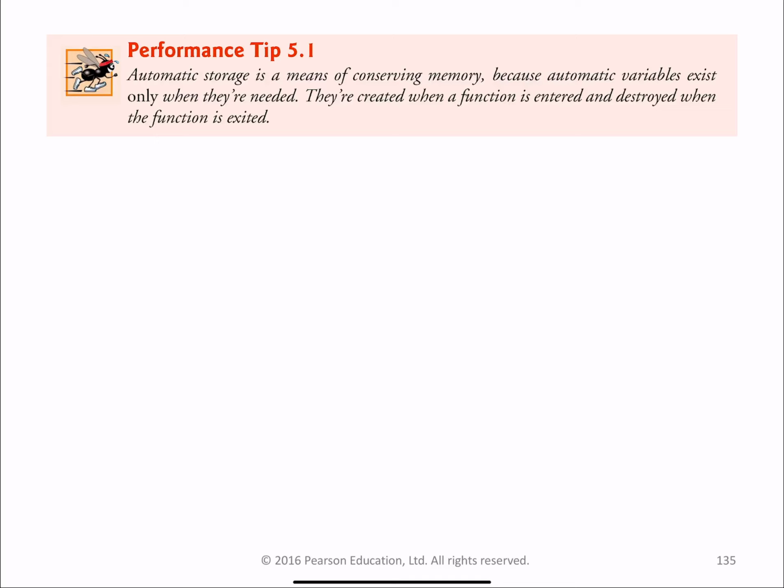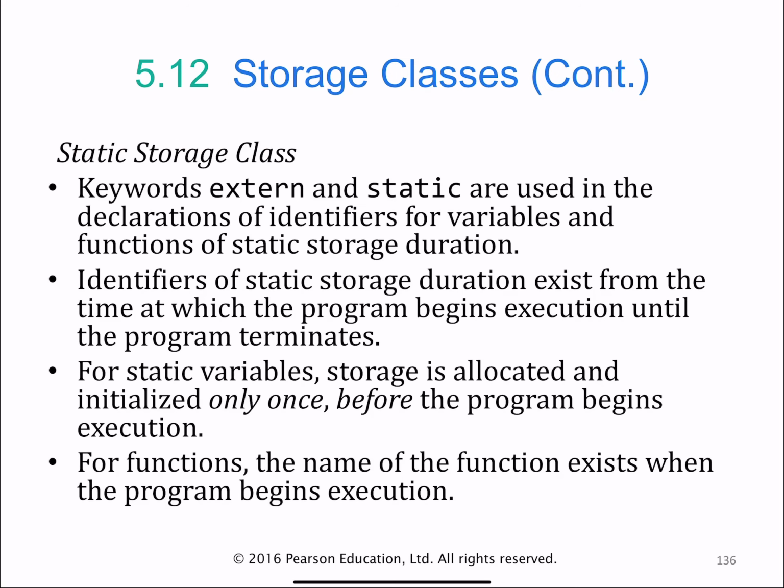If you find the name automatic storage a little strange, it is because the variable is created when needed and it is cleaned up, deallocated, or removed from memory when it is no longer needed. This is not something that you have to do manually. This is something that is taken care of for you.